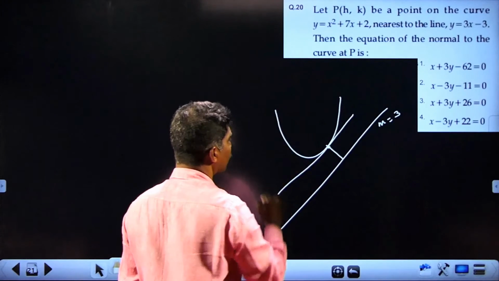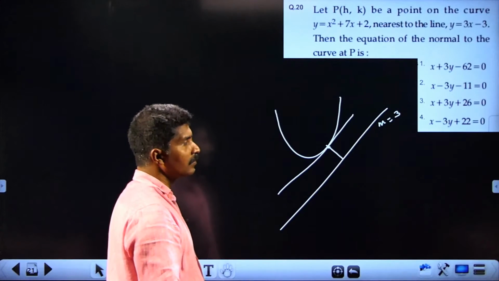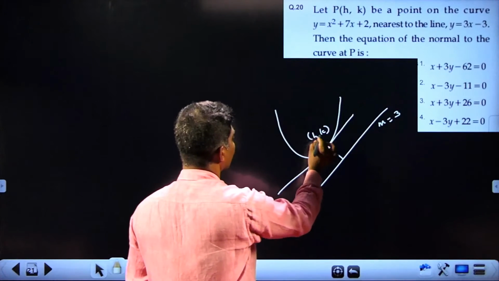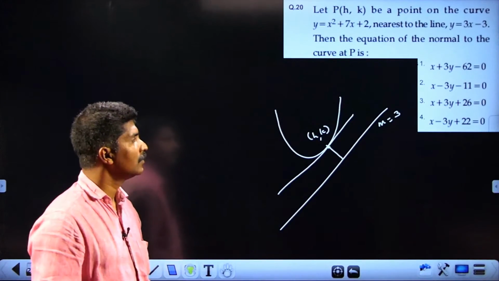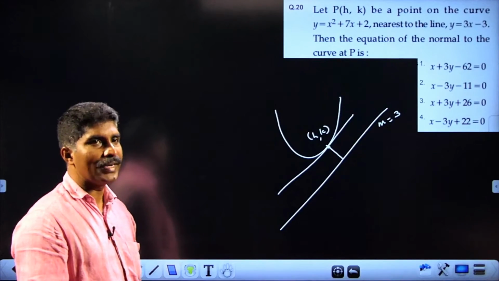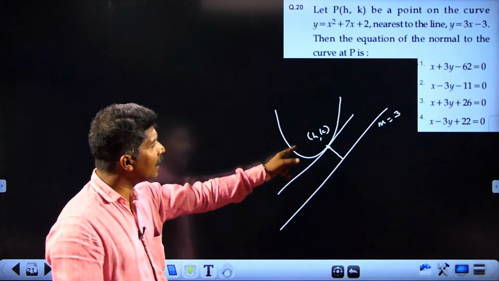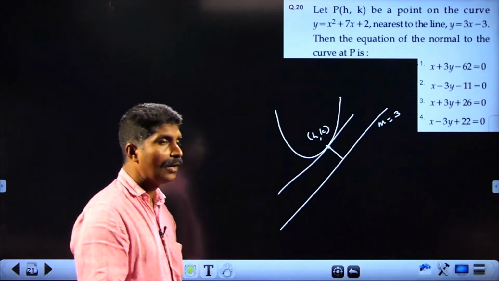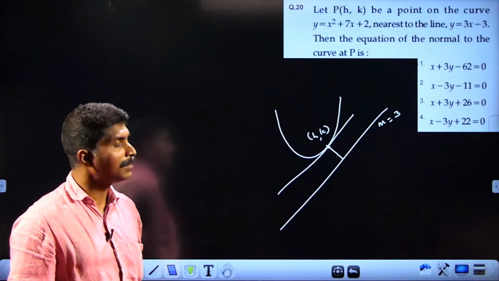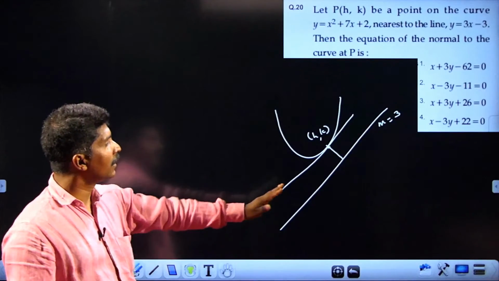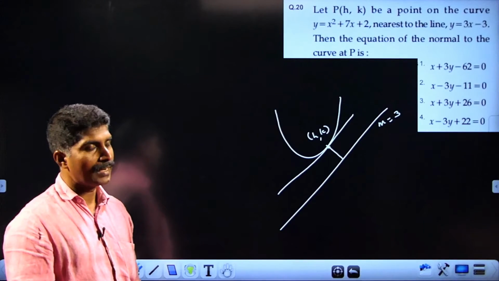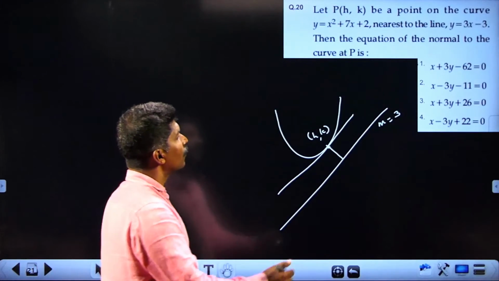So this is the point you are talking about, so this is the point P. What is the concept? The concept is now very simple. Slope of the tangent at P is 3. You are dealing with the same concept of tangent and a parallel line.